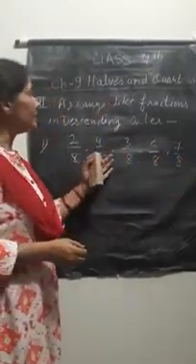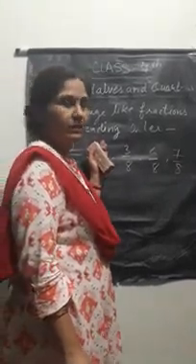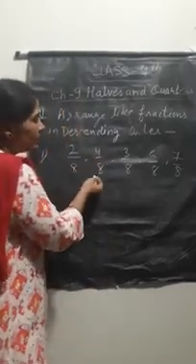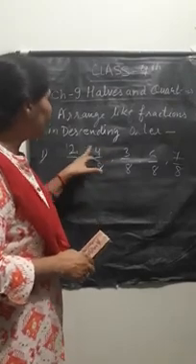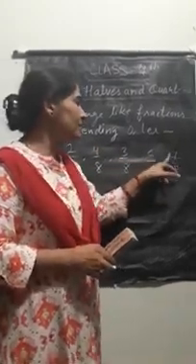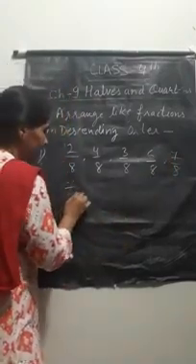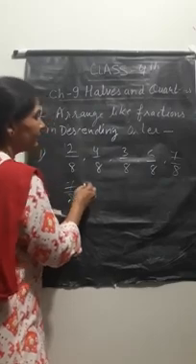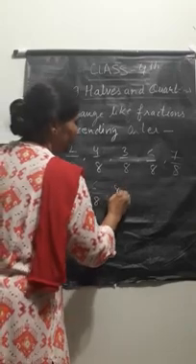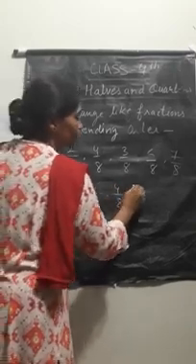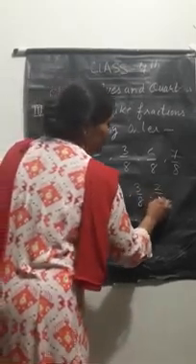Now we arrange these fractions in descending order. Descending means greatest to smallest. We check the numerator portion. Which is the greatest number? 2, 4, 3, 6 and 7. So 7 is greatest. We write first 7 upon 8, then 6 upon 8, next 4 upon 8, then 3 upon 8 and the last one is 2 upon 8.